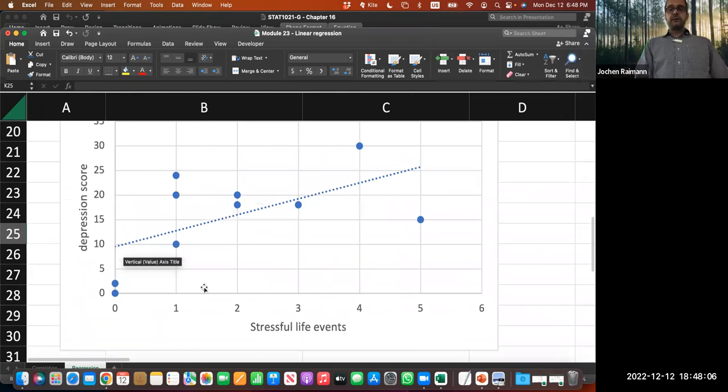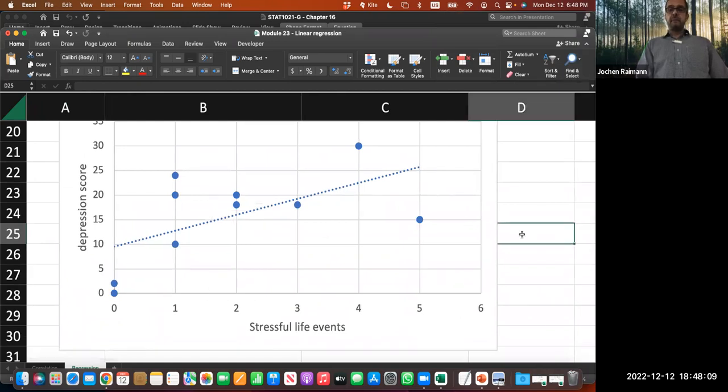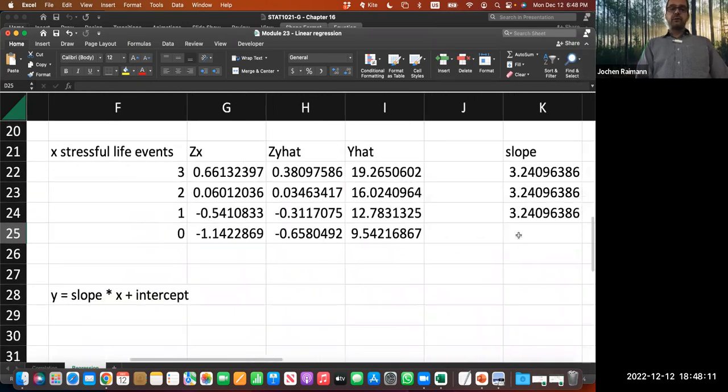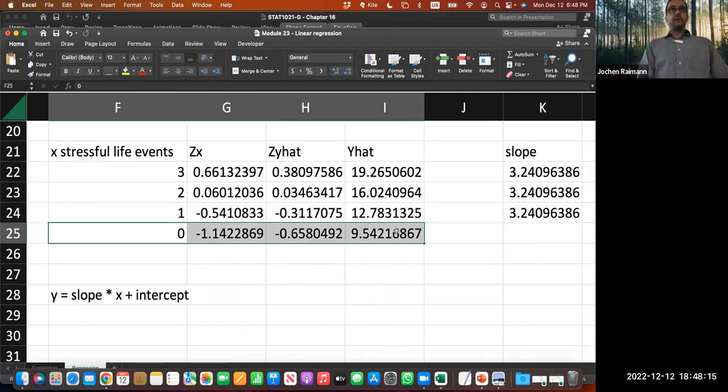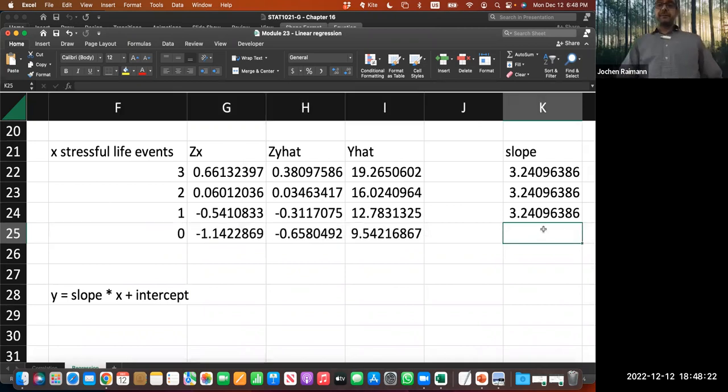And when you look at this definition, you have this value already here, because x equals 0 corresponds with an arithmetically derived y of 9.54. So that's our intercept. So the intercept is this.